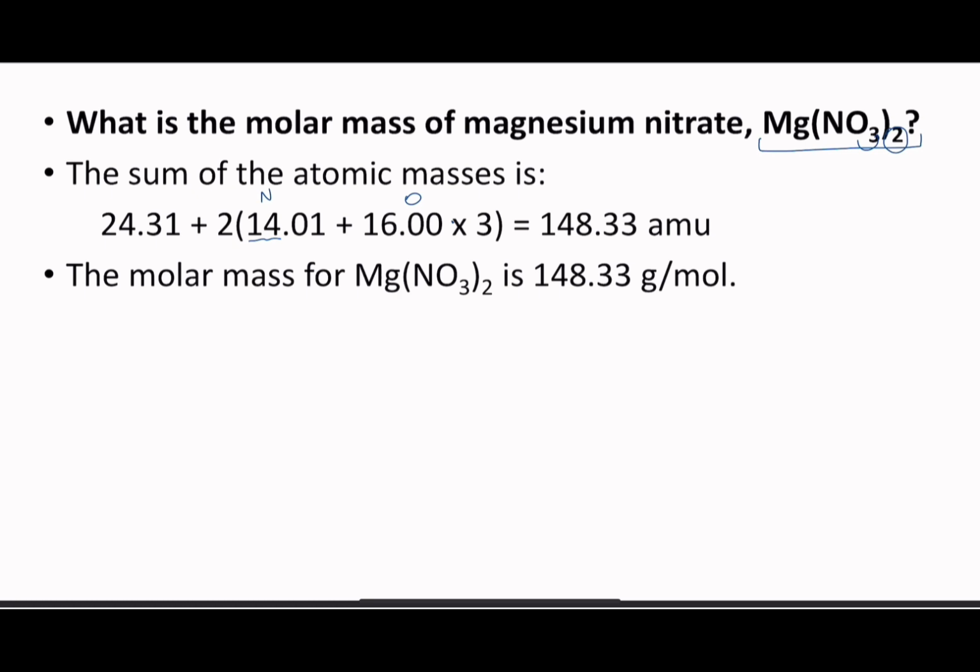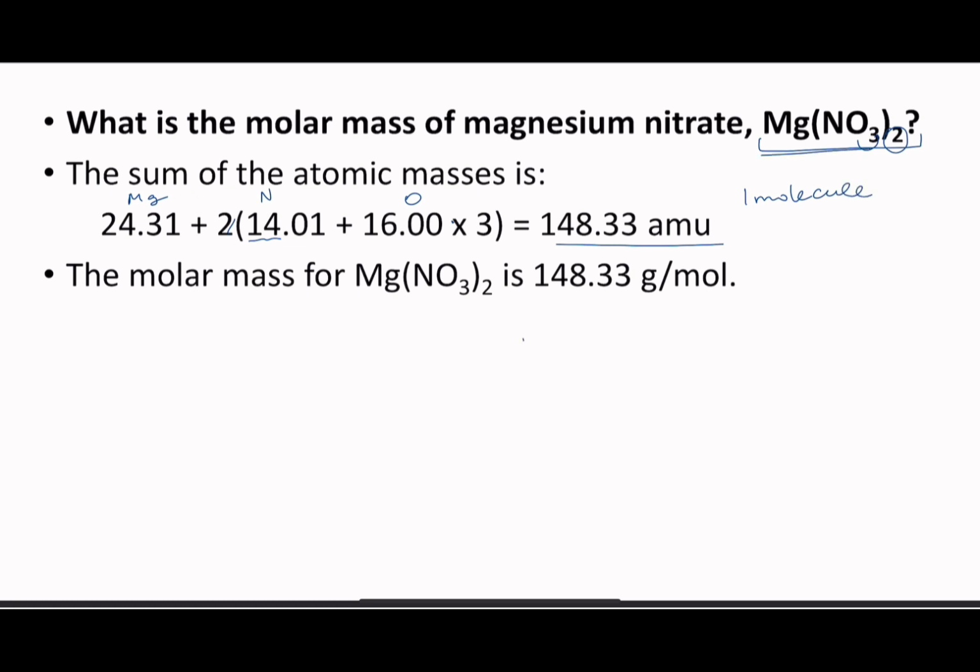So I need to multiply everything by 2, and this is the magnesium molar mass. You add them up, and this is the atomic mass. In terms of atomic mass units, that is 1 molecule of magnesium nitrate.